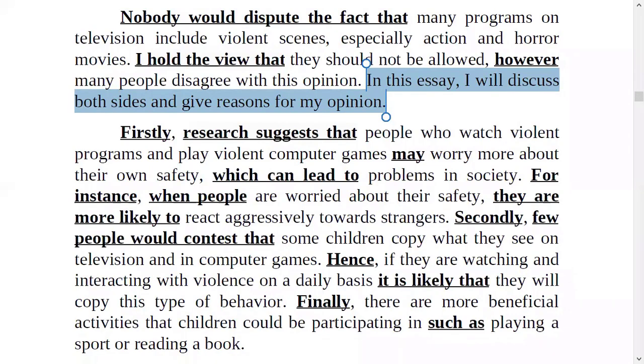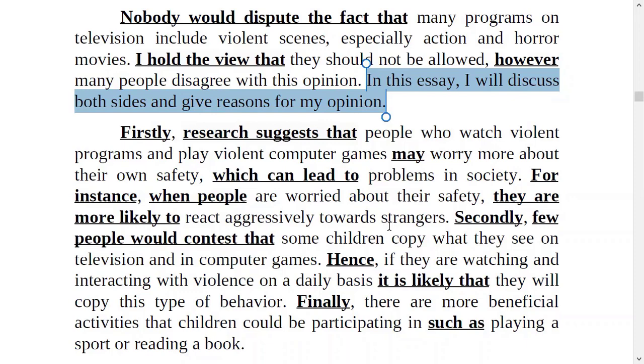Firstly, research suggests that people who watch violent programs and play violent computer games may worry more about their own safety, which can lead to problems in society. For instance, when people are worried about their safety, they are more likely to react aggressively towards strangers.